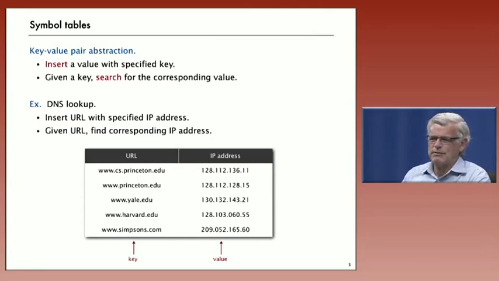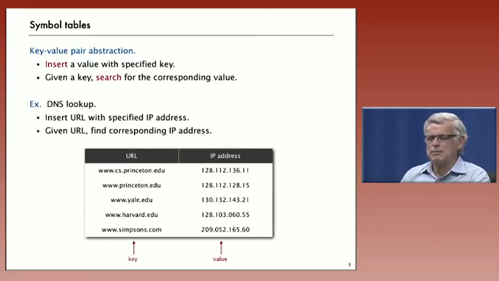And different clients might want to use this data in different ways. One might want to use the URL as key: given the URL, give us the corresponding IP address. Another client might want to use the IP address as key: have an IP address, give me the corresponding URL. So those are just a couple of examples.